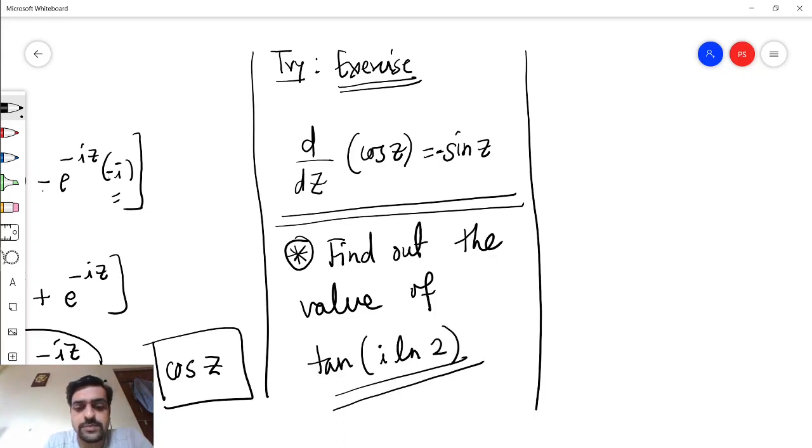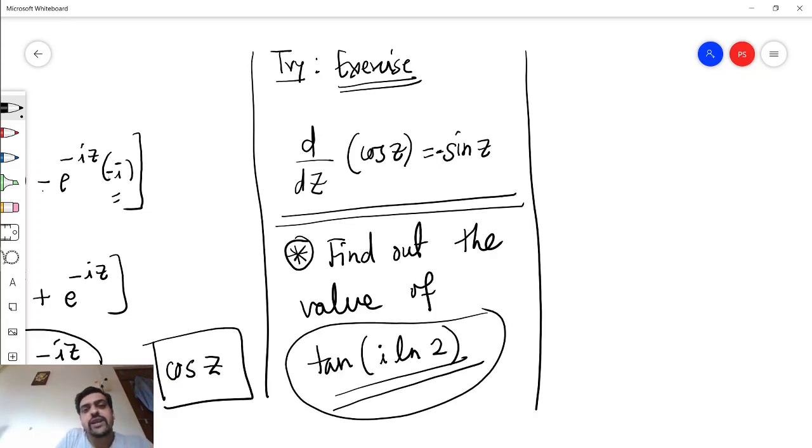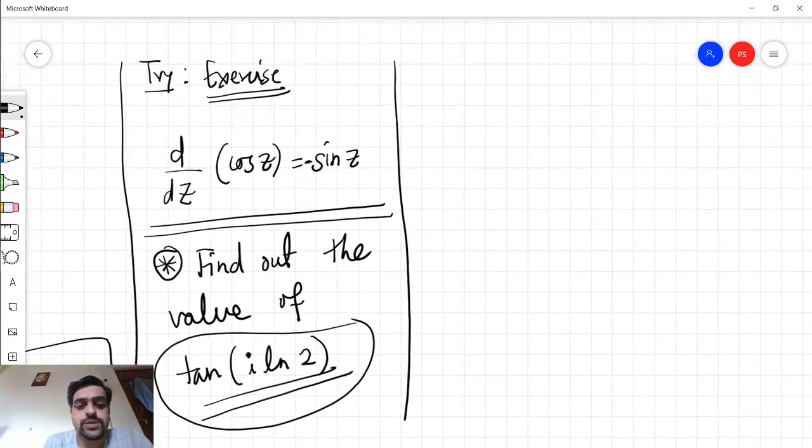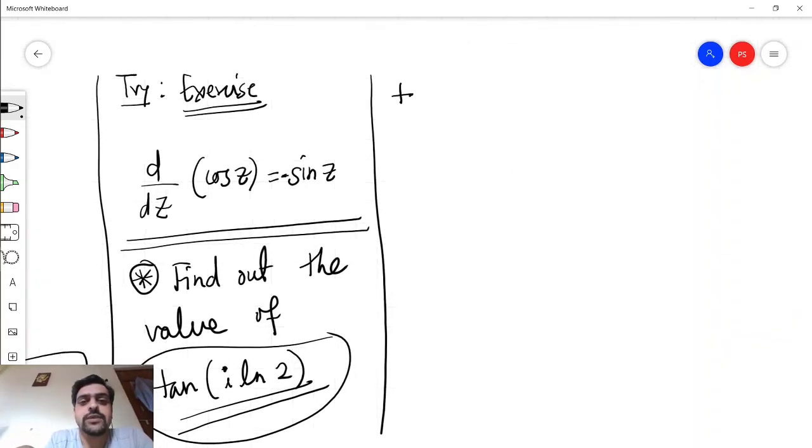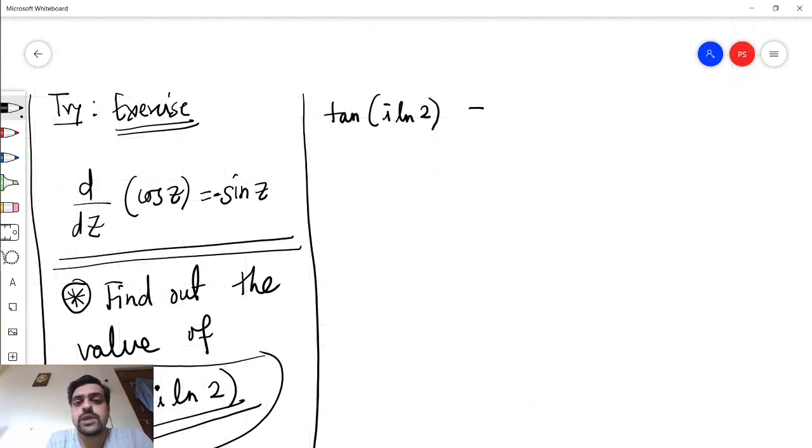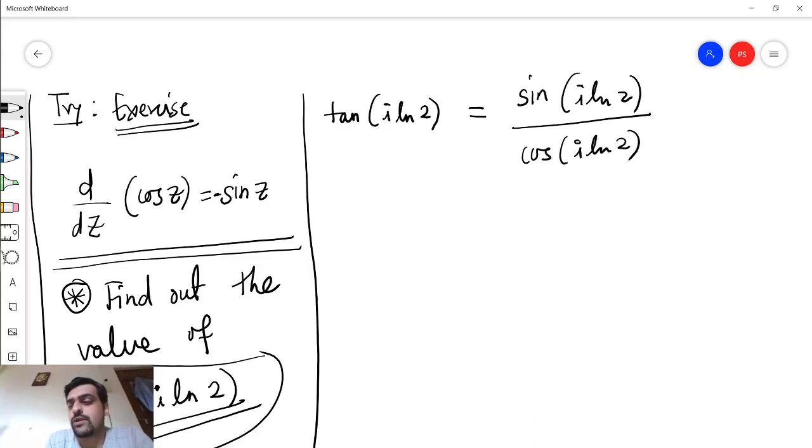Now this is an expression whose value any scientific calculator won't be able to give because it involves a complex or an imaginary unit inside it. So we will have a similar approach, tan of i log 2. Now this can be written as sin of i log 2 divided by cos of i log 2.